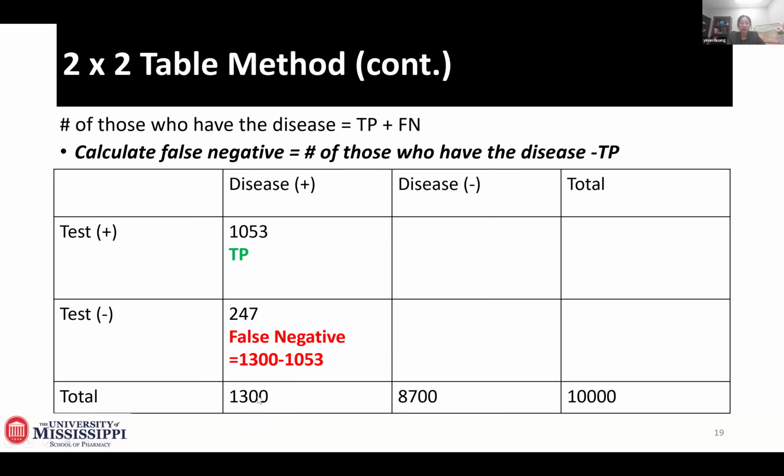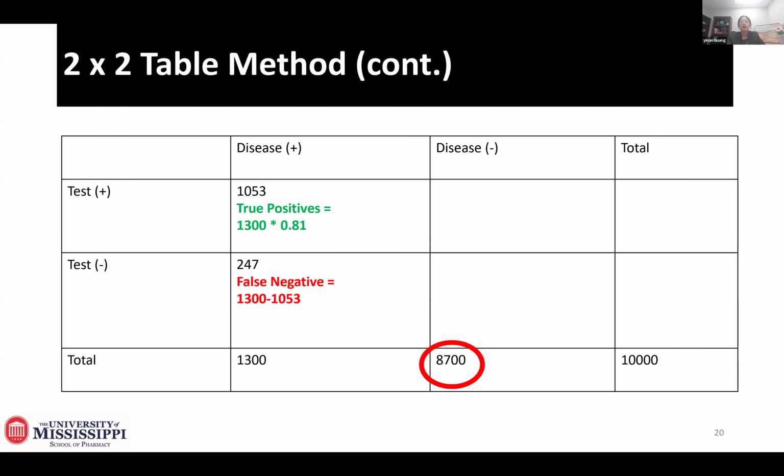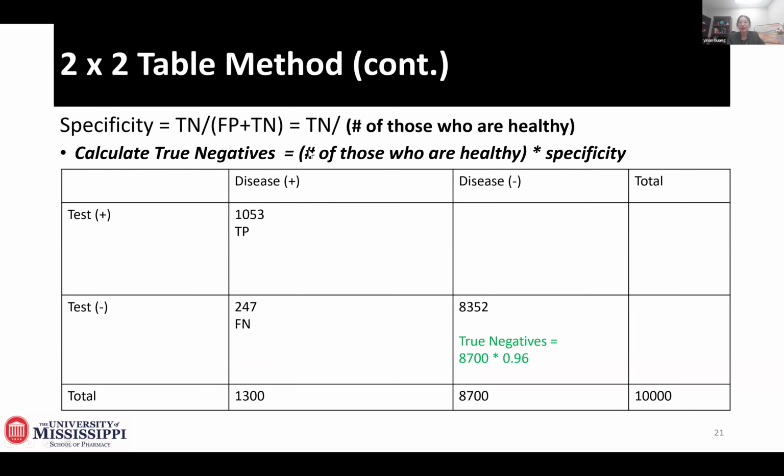False negative equals the total number of those who have the disease minus the true positives. Then, we know the specificity equals the true negatives divided by the total number of healthy people. So true negative equals the total number of healthy people multiplied by the specificity.